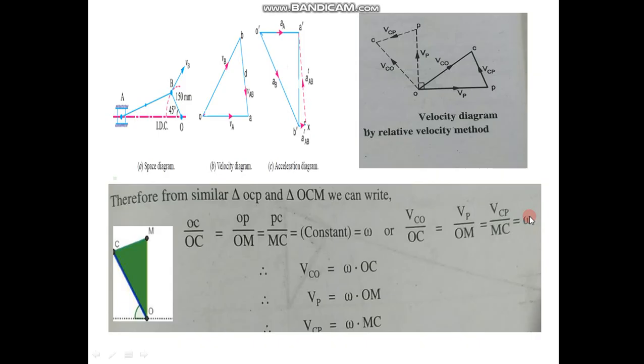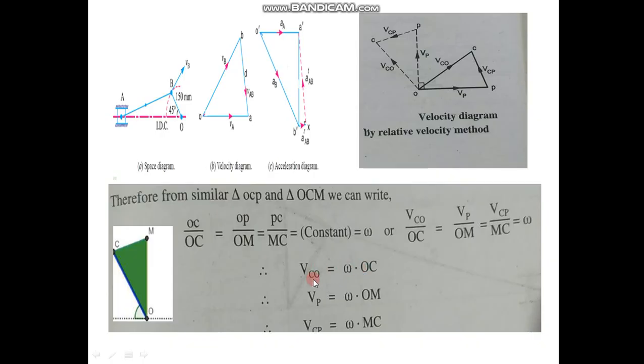Hence I take omega. Similarly, I can write Vp is equal to OM into omega, Vcp is equal to CM into omega. So we get these velocities. Means if I know angular velocity omega, I can find velocity of crank, velocity of piston, velocity of connecting rod, by just multiplying the Klein's polygon lengths.